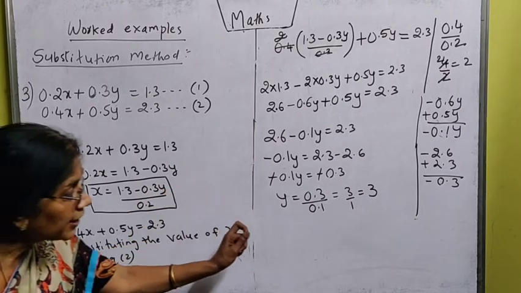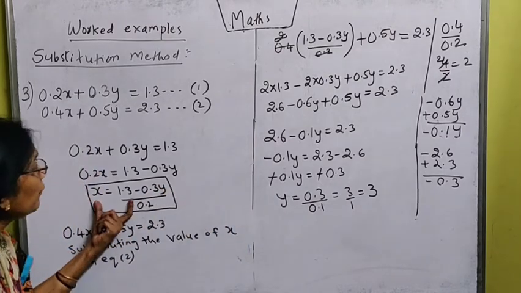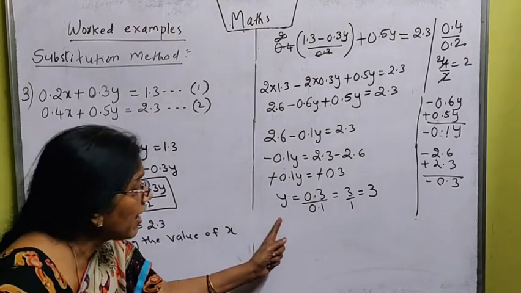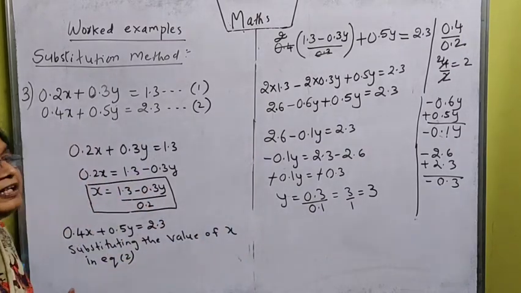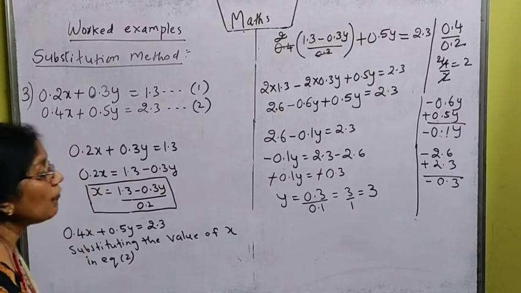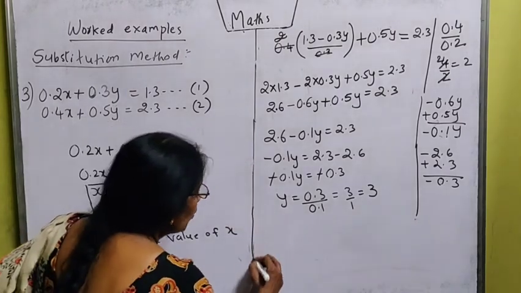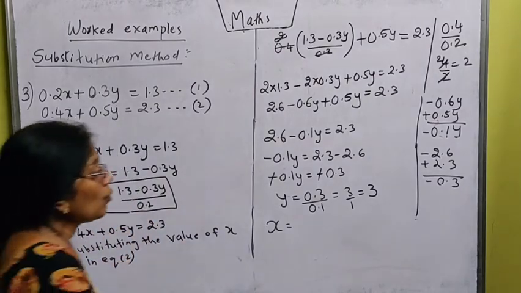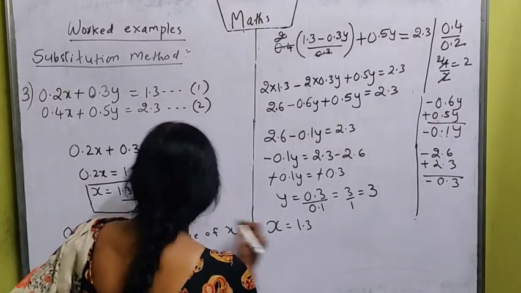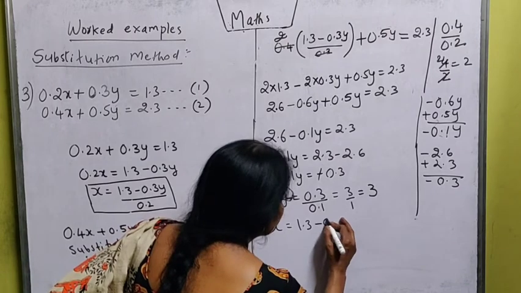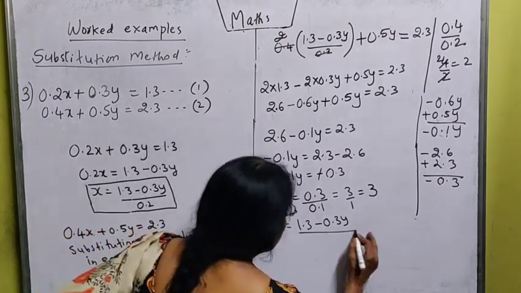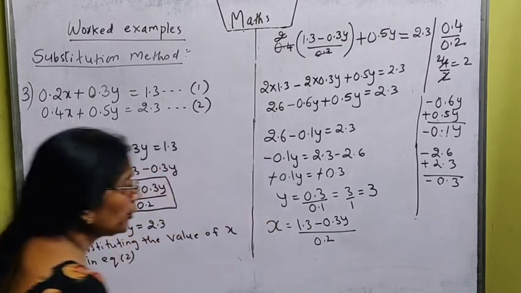Now as I told you, for this x we will take the equation and then substitute the y value. Let us see what we get over here. x is equal to what we got, 1.3 minus 0.3y, whole divided by 0.2.